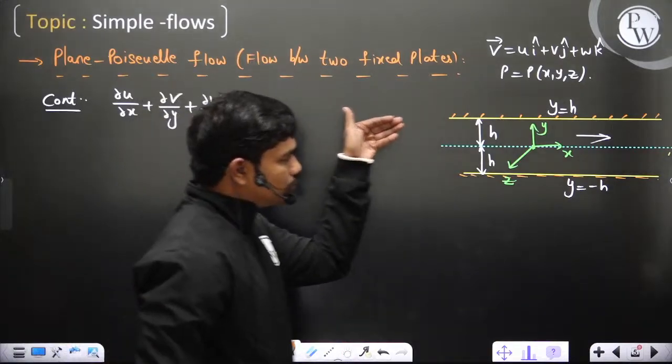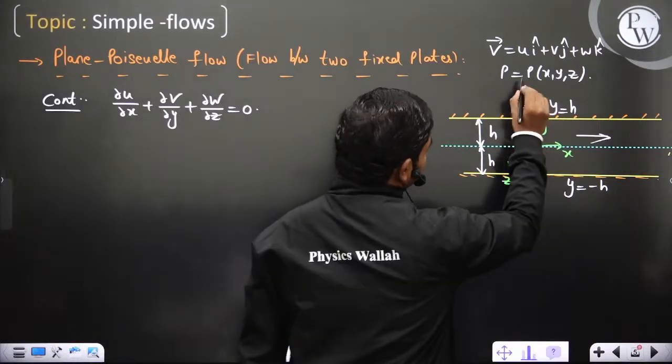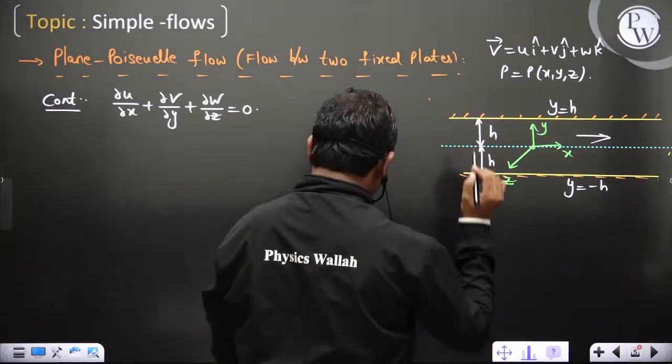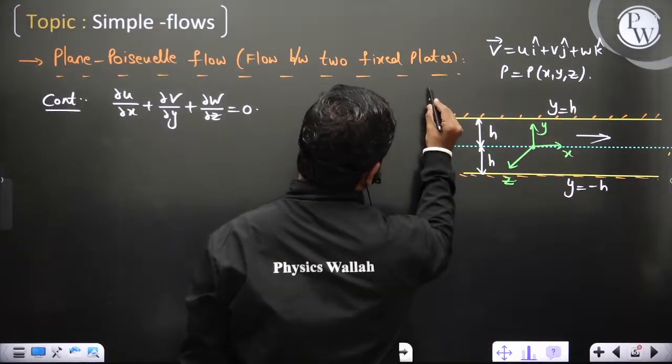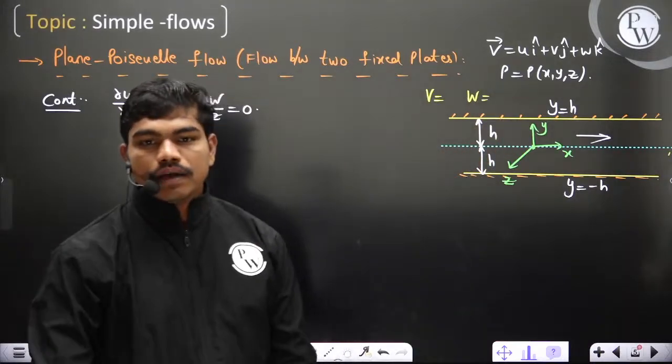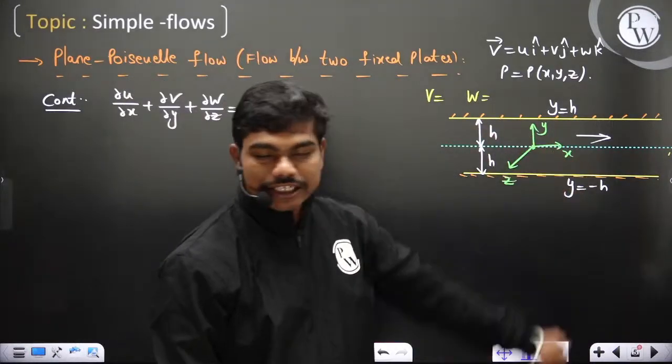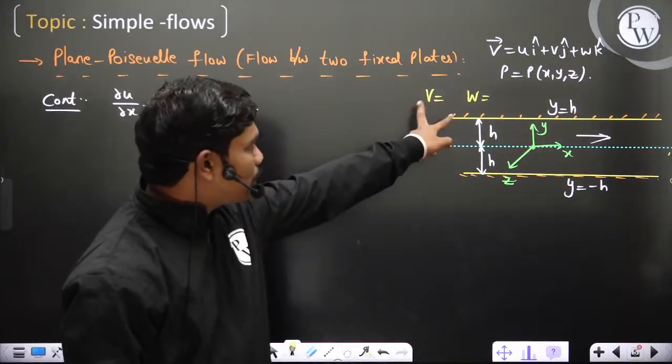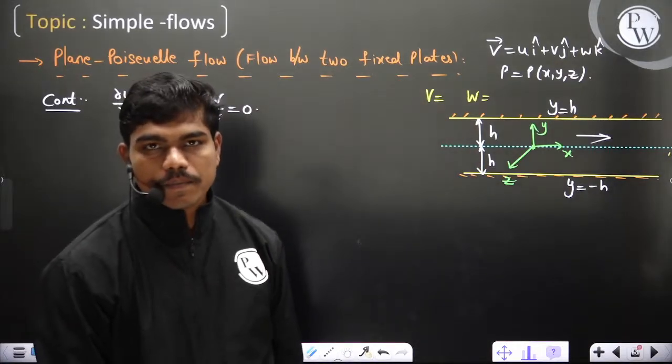clearly when the particles are moving only along the x direction, can anyone tell me what are the values of v and w? The flow is effectively happening in the x direction.